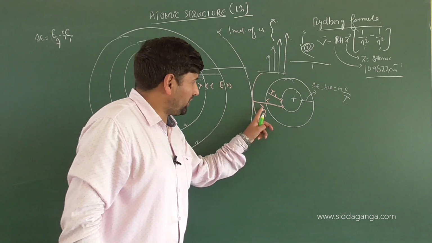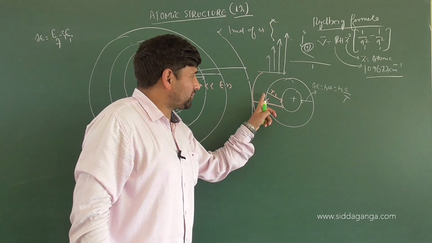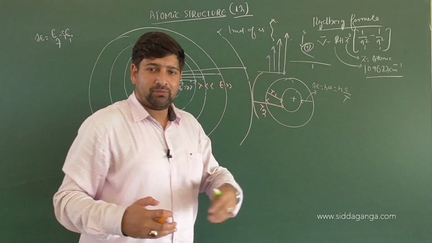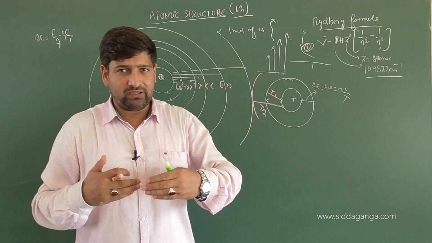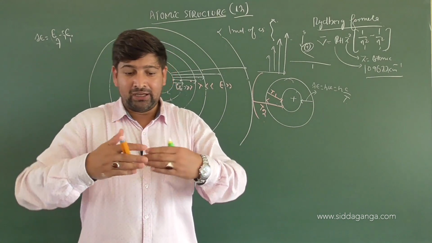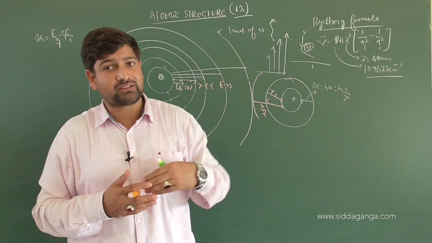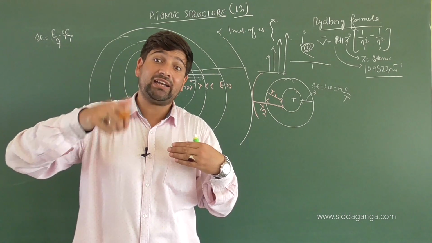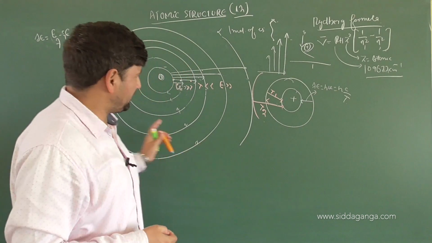So the photon emitted when the electron comes from a higher energy state to a low energy state will have varying energies. The more the difference between the energy levels, that is n initial and the excited level from which it comes back, if the shells are very far from each other, then high energetic photons will be released. I will explain these things one by one.